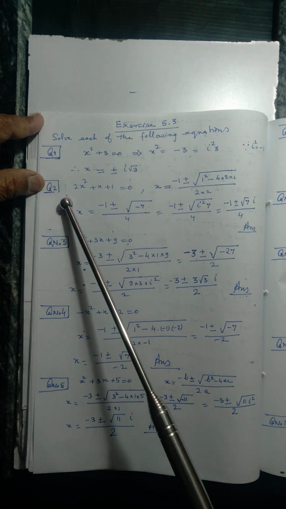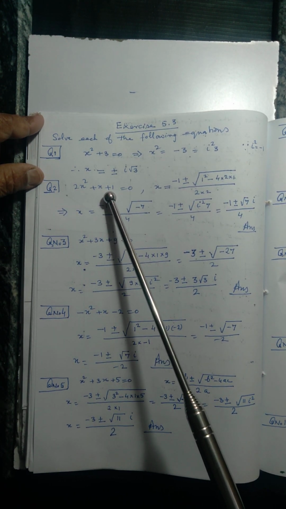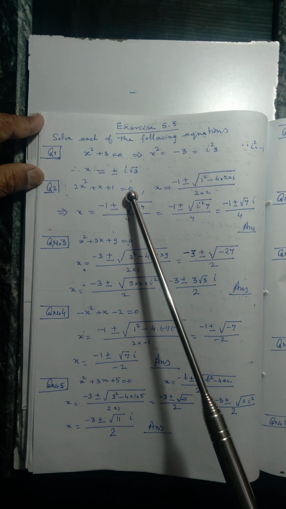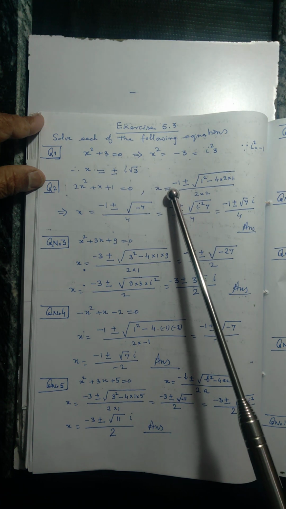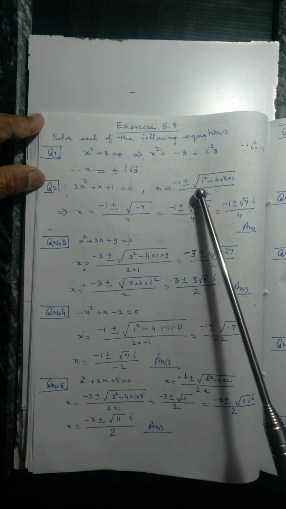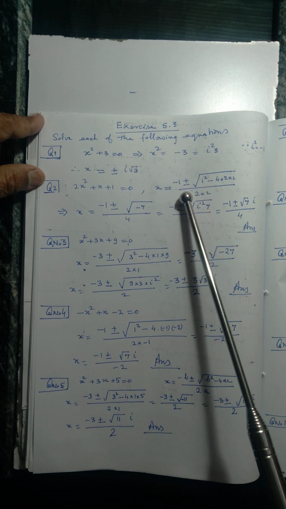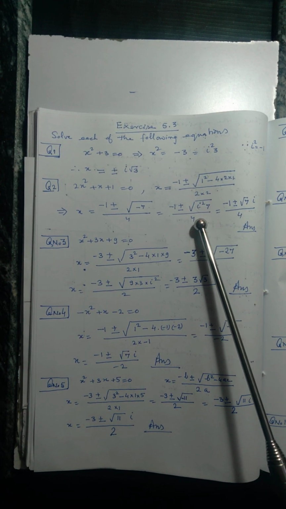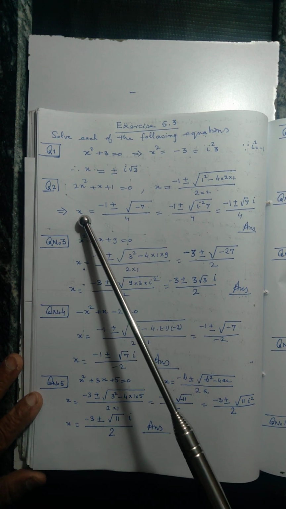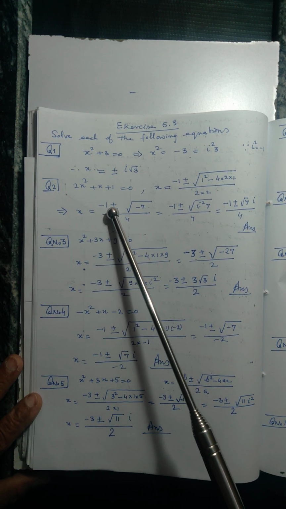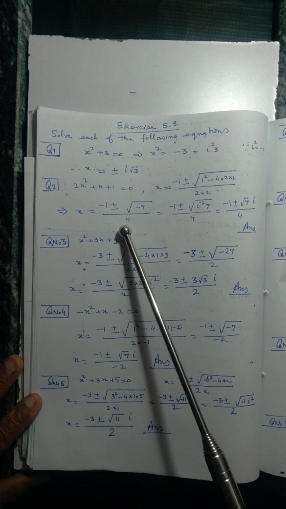Question number 2. 2x square plus x plus 1 equal to 0. So x will be equal to minus 1 plus minus root of 1 square minus 4 into 2 into 1, whole divided by 2 into 2, and it will be further equal to x is equal to minus 1 plus minus root minus 7 by 4.